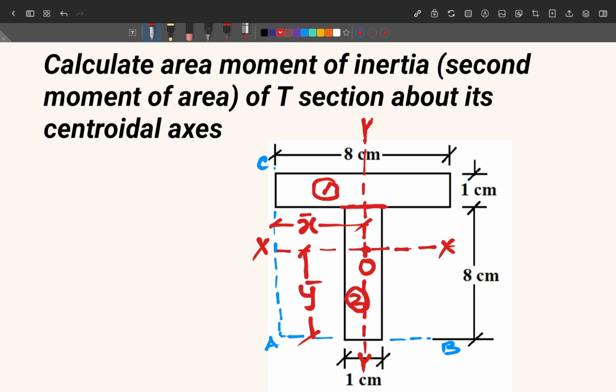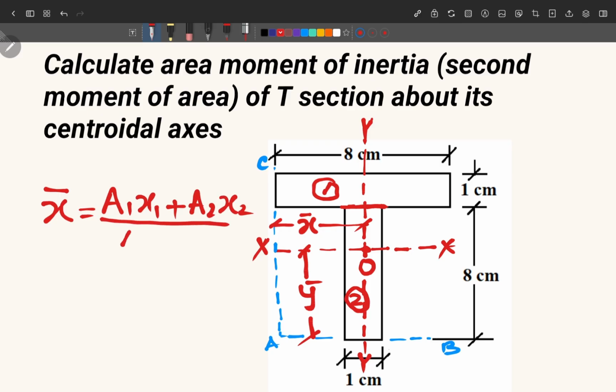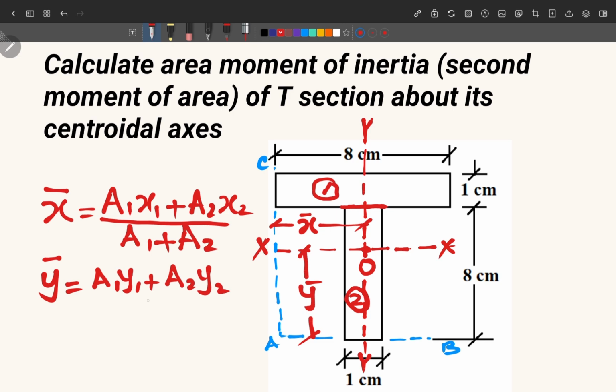Now we have to calculate by using this formula that x bar, the centroid position in such case, will be equal to a1 x1 plus a2 x2 upon a1 plus a2, and similarly y bar will be equal to a1 y1 plus a2 y2 divided by a1 plus a2, because we have divided into two rectangles.